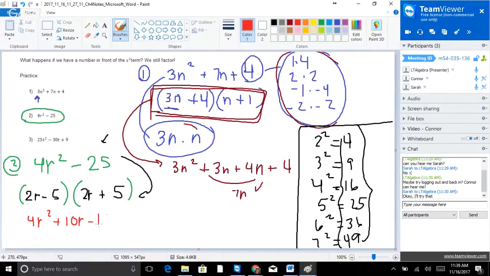Inside is negative 10r, and yay, they cancel out. And then my last term is negative 25. So these cancel out, and ta-da, I have factored it. If you're doing number 2 for your homework, you wouldn't have a whole lot written down, but it's just knowing those are perfect squares and being able to use them.